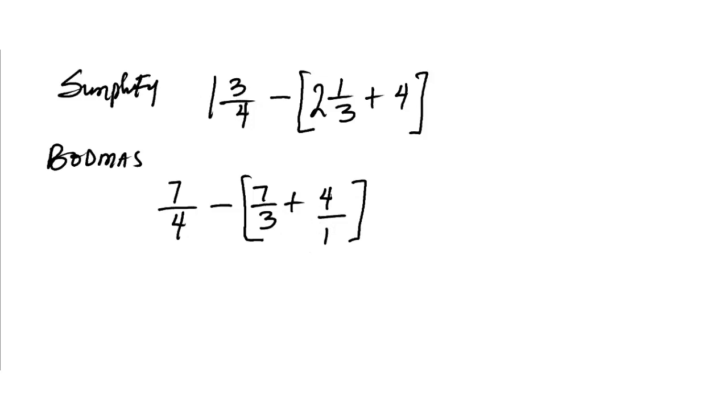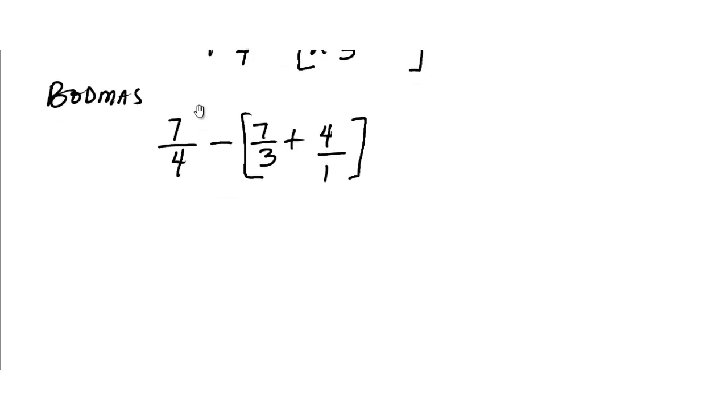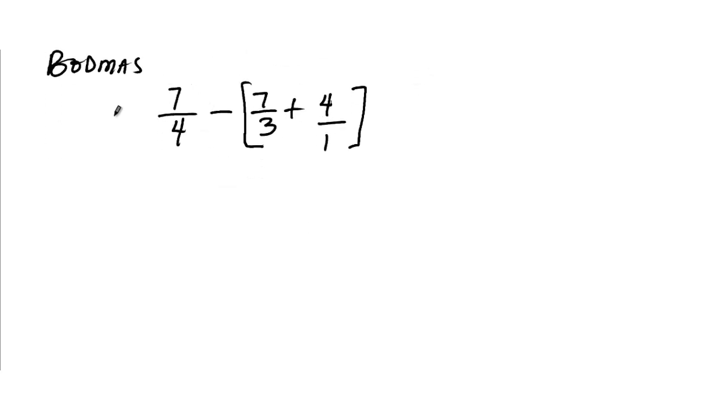So the next thing I want to do now is apply BODMAS. BODMAS tells me that I have to prioritize what is inside the bracket. So this is the bracket. I have 7 over 3 plus 4 over 1. All I need to do is to find the LCM. The LCM between 3 and 1 is 3, basically. How do I know it is 3? Just multiply 3 by 1.